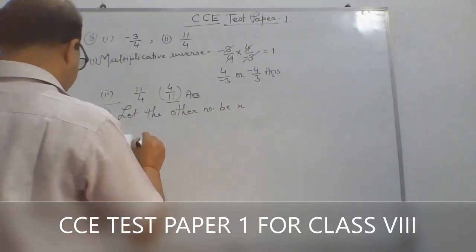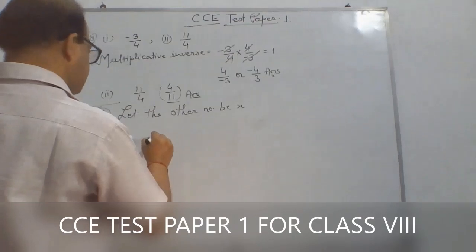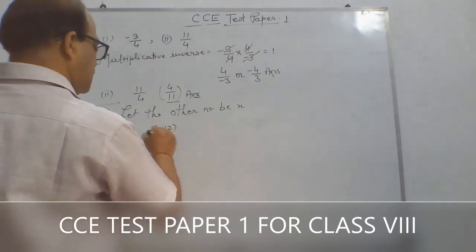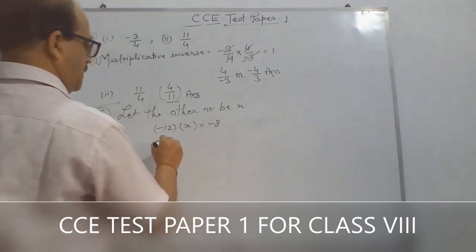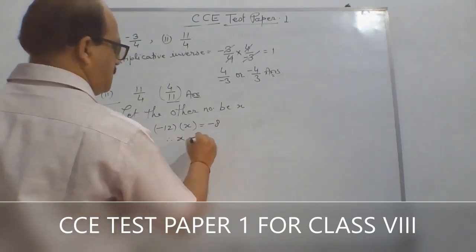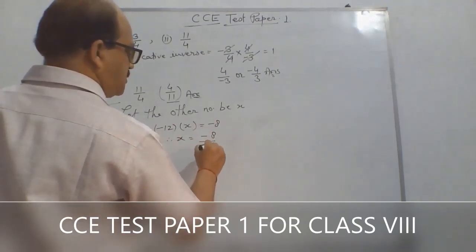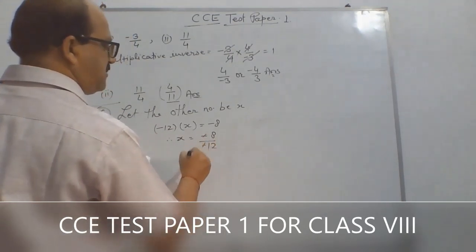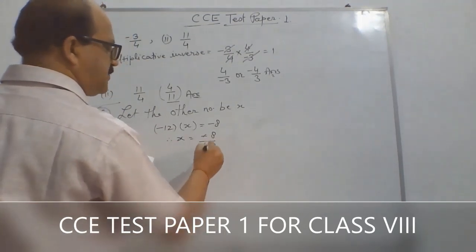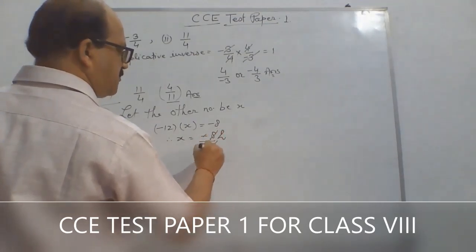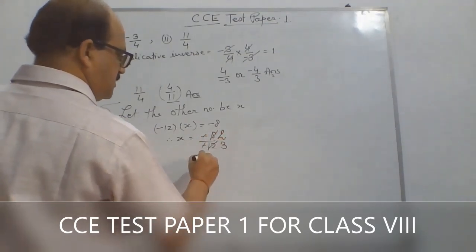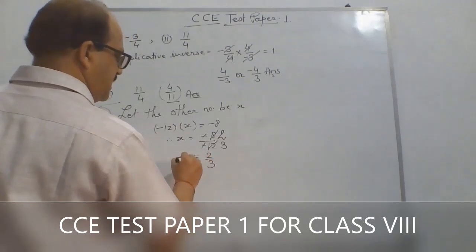The product of the two rational numbers, minus 12 into x, is equal to minus 8. Therefore, x is equal to minus 8 by minus 12. Both negative signs will be cancelled, and 8 and 12 are both divisible by 4. So 4 twos are 8 and 4 threes are 12. So 2 by 3 is the answer.